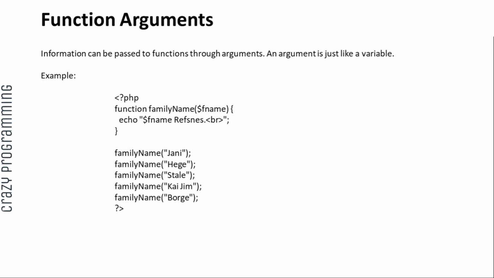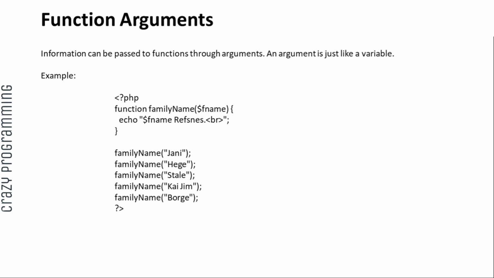Then inside the function I executed echo, I just printed echo $fname and Refsnes. This is my surname. Then outside the function I call the function name, and inside it I declare the argument.